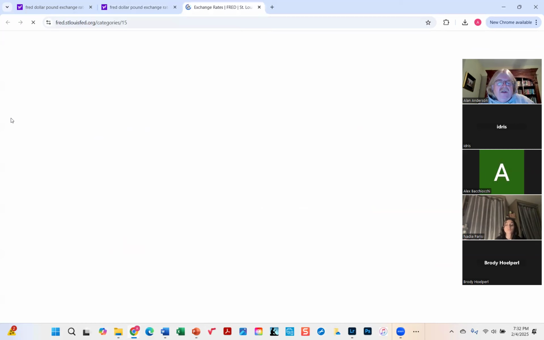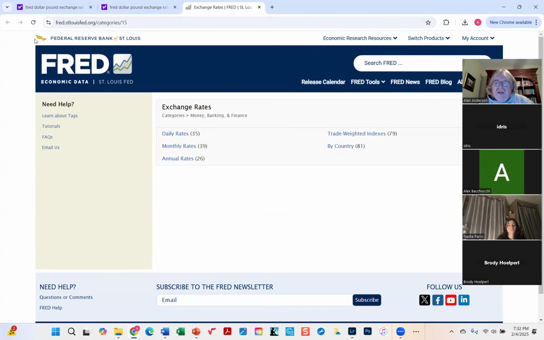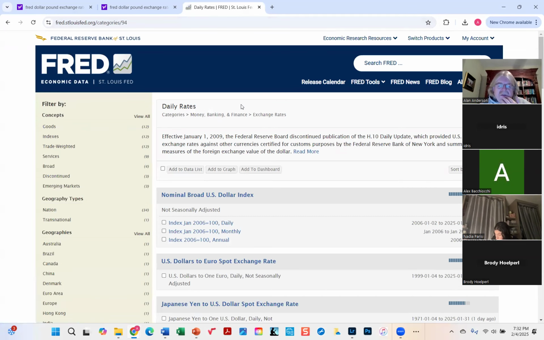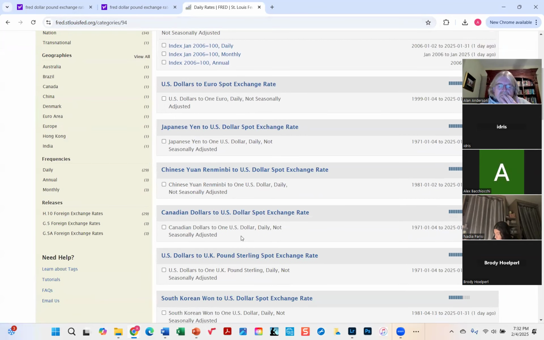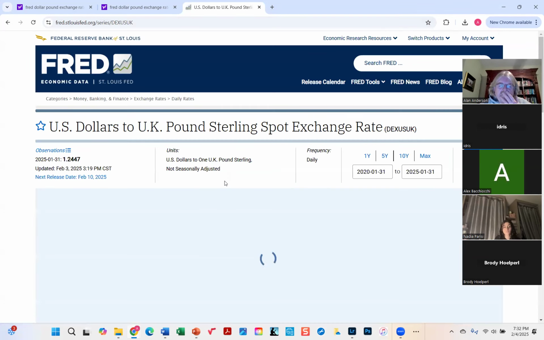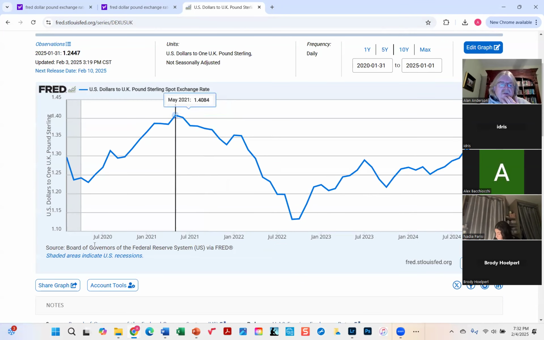So here it is. FRED is actually the Federal Reserve Economic Database. It is housed at the Federal Reserve Bank of St. Louis. And so let's say that we're interested in, let's look at daily rates, I guess. Okay, so this one's going back about 5 years or so.